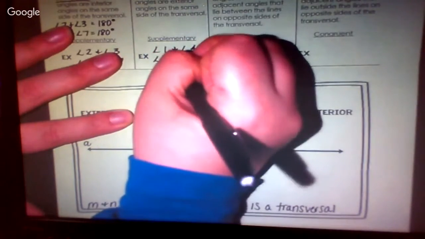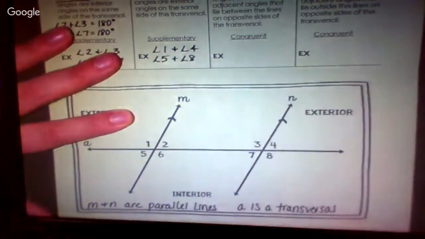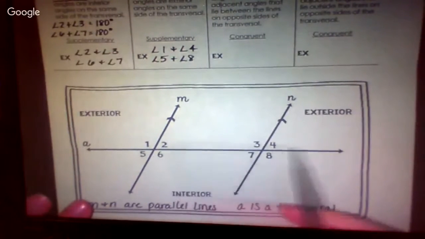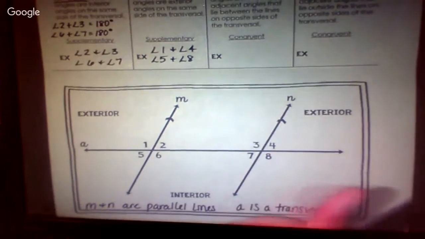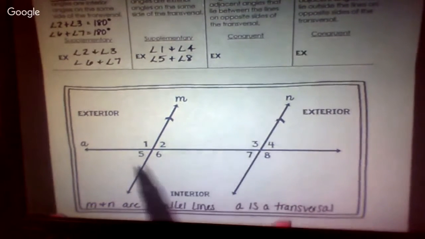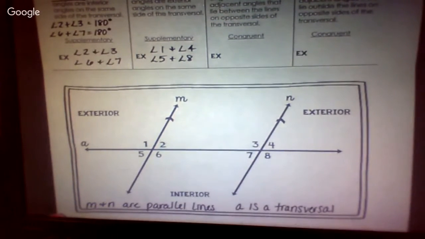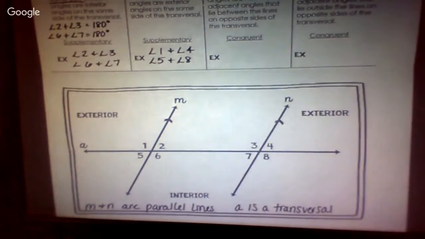Angle 1 and angle 4. And I heard angle 5 and angle 8. Okay. 1 and 4 are both on the top of the transversal, outside of my parallel lines this time. 5 and 8 are outside the parallel lines, but on the bottom of the transversal.